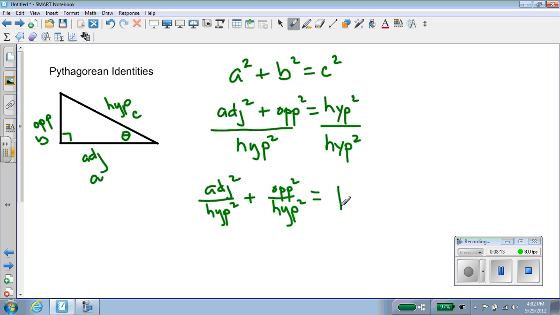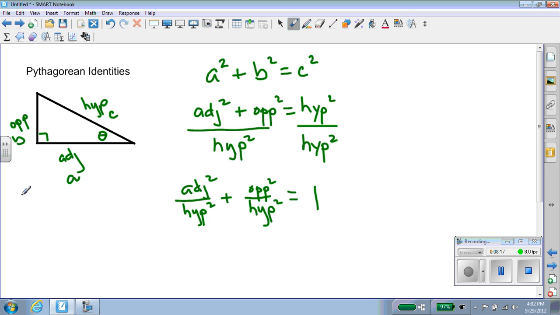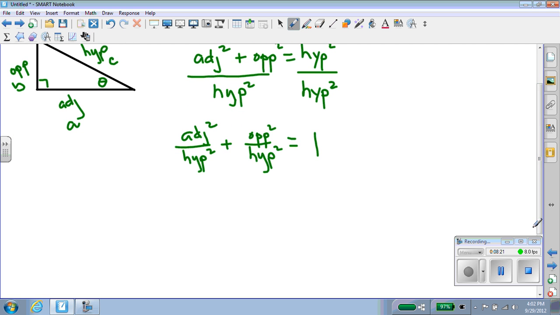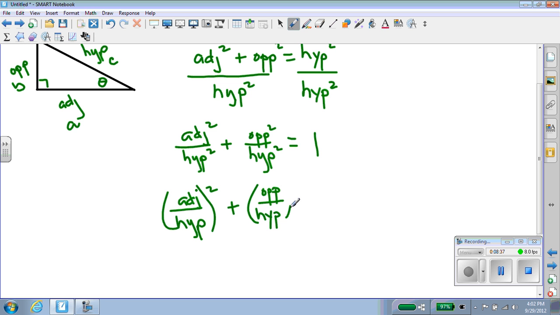So 1. Well, adjacent squared divided by hypotenuse squared would be the same as adjacent divided by hypotenuse, squared, plus opposite divided by hypotenuse, squared, equals 1.